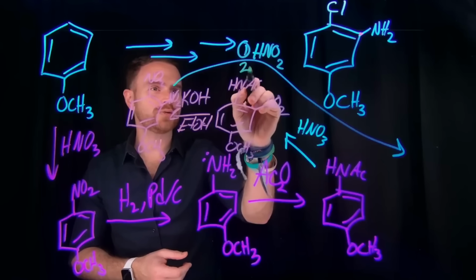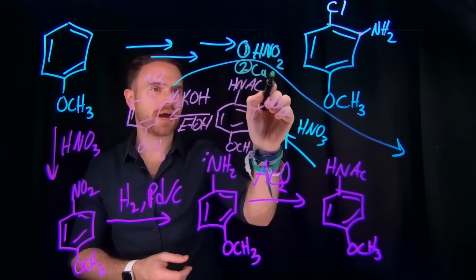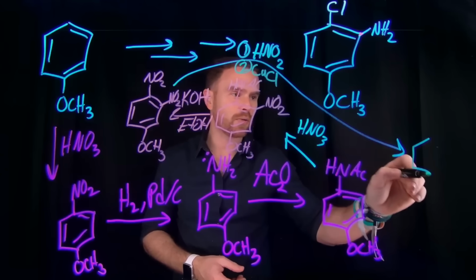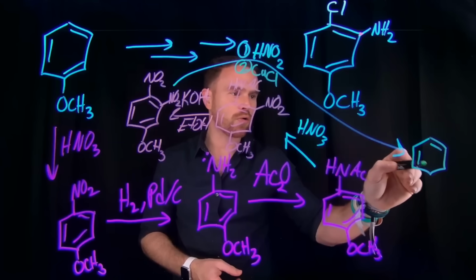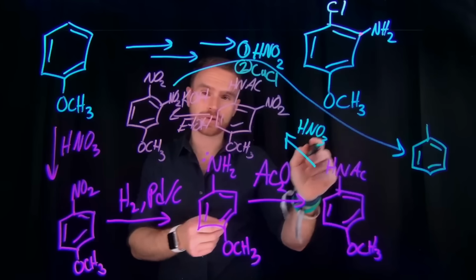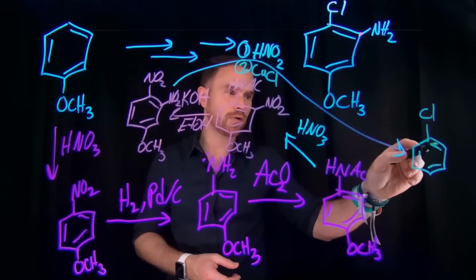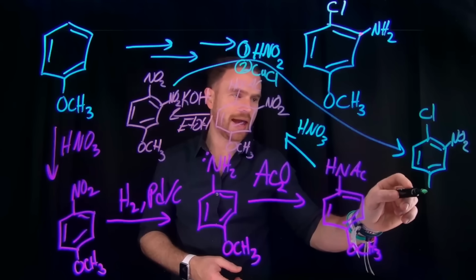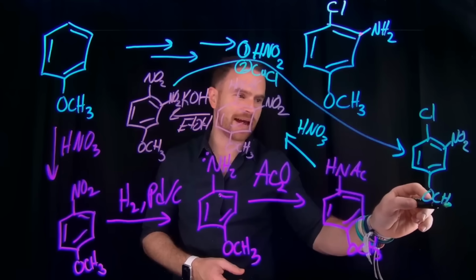And then if you use copper chloride, which allows us to do what's known as a Sandmeyer reaction, then from here we end up generating a chlorine at that position, because first we went through the diazo. So now we have a chloro group here, and a nitro group still located at this position, and our methoxy group still remains at this bottom position.